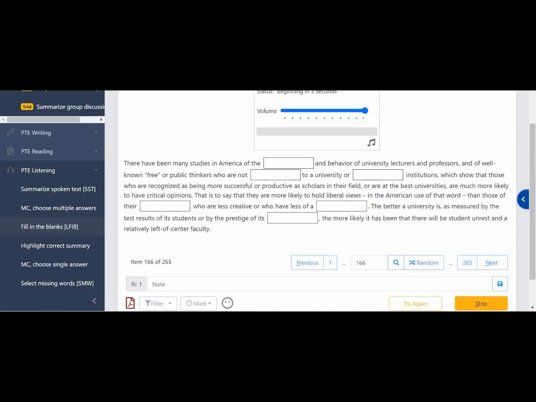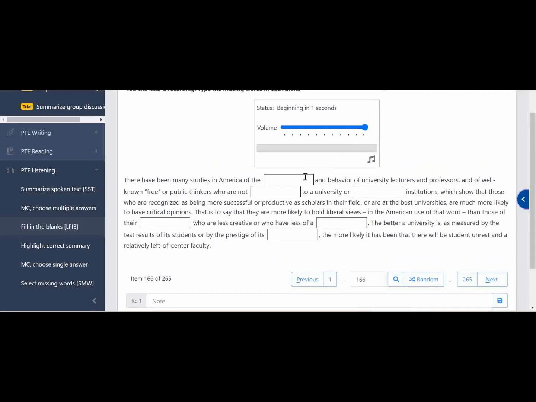One blank will contribute 1 point in speaking, 1 point in writing. There have been many studies in America of the opinions and behavior of university lecturers and professors, and of well-known free or public thinkers who are not attached to a university or other institution, which show that those who are recognized as being more successful or productive as scholars in their field, or are at the best universities, are much more likely to have critical opinions.